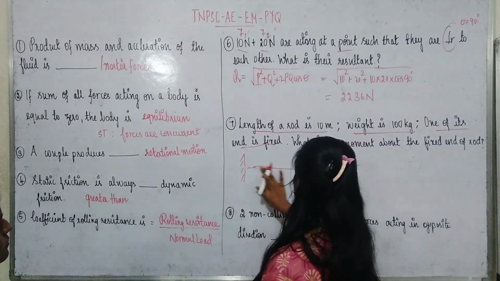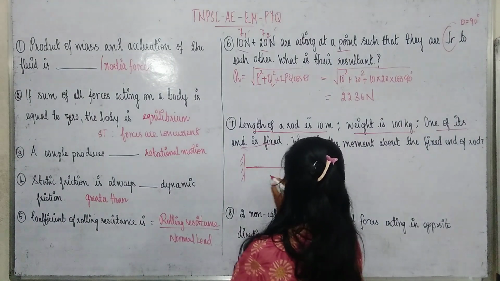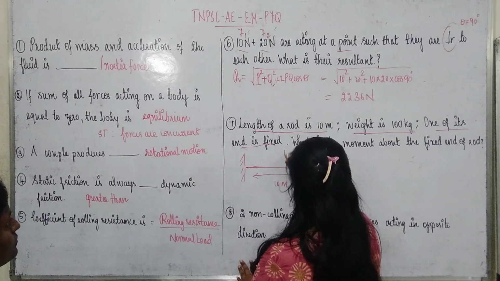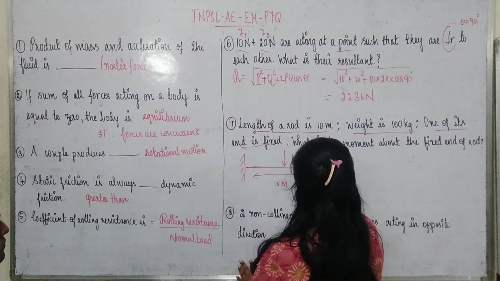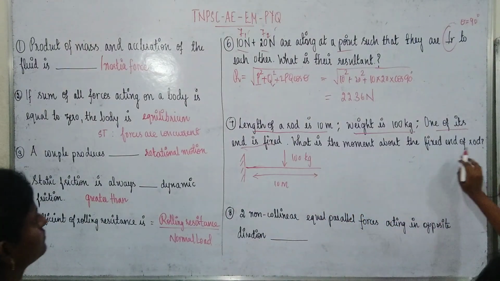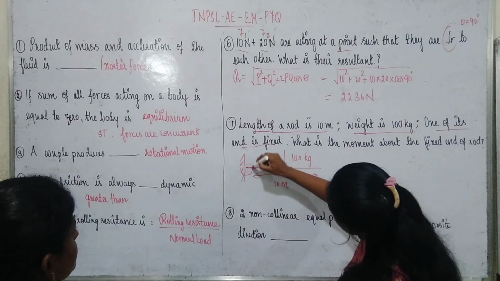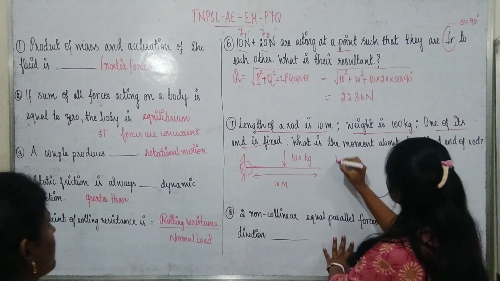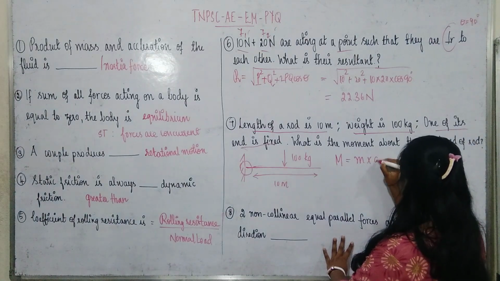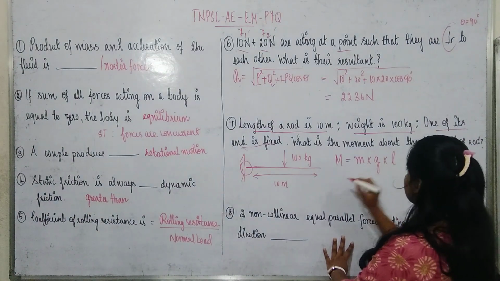And we have a rod whose length is 10 meter and the weight is 100 kg. So the question is, what is the moment about the fixed end of the rod? So moment about this axis is asked. So the formula for moment is equal to mass into acceleration due to gravity into length.